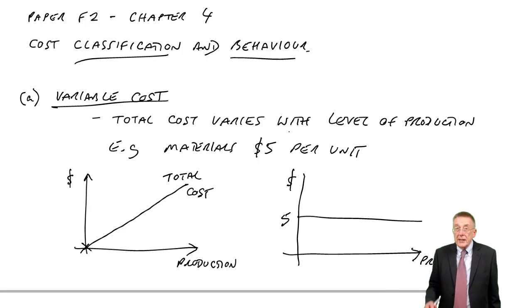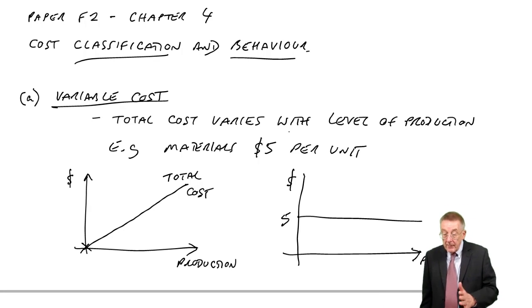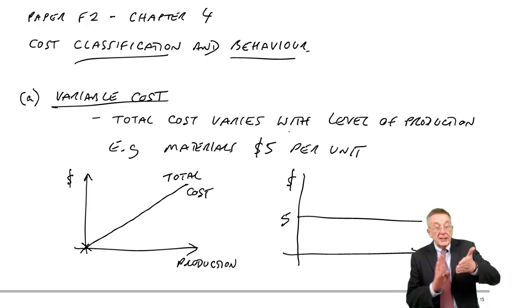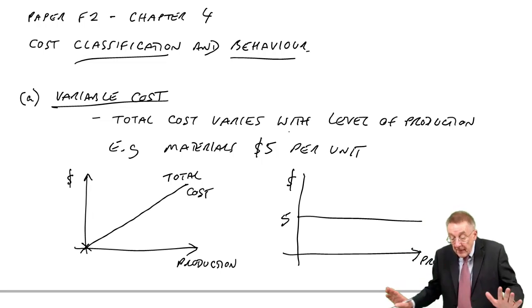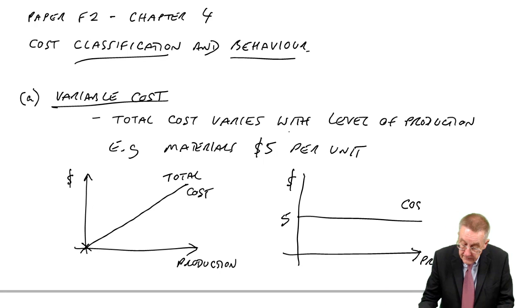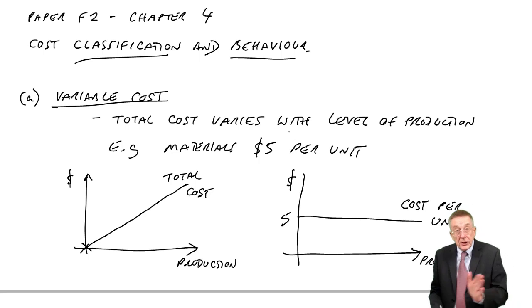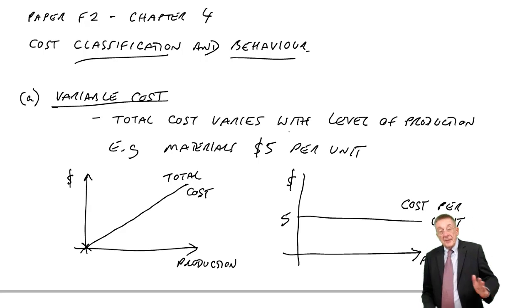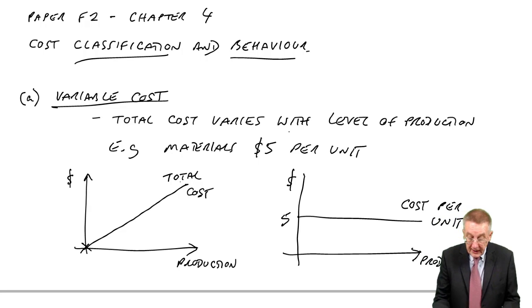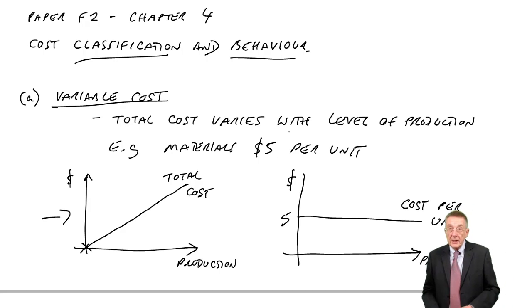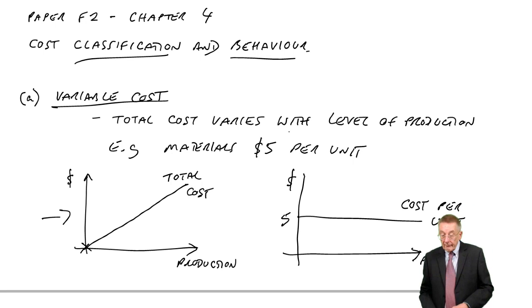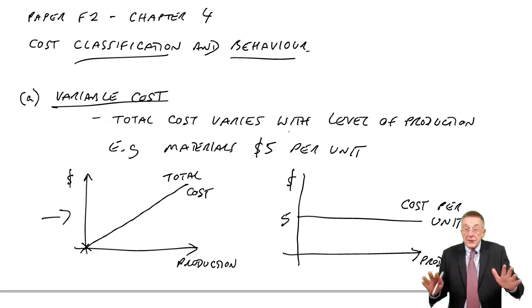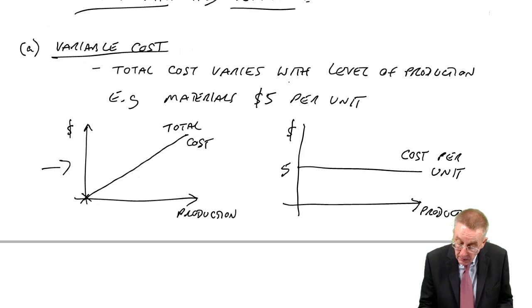For the moment, I'm not the slightest bit concerned. For the moment, for paper F2, something like materials, it's $5 a unit, however many we make. And as a result, the total cost, as I've just shown here, increases with the production. So that's fine. Things like materials, it's a variable cost.